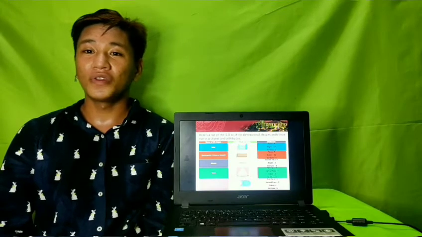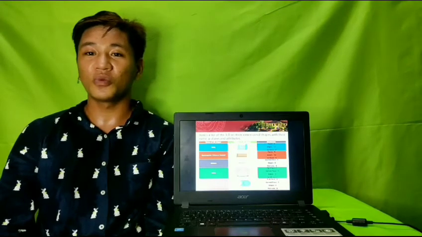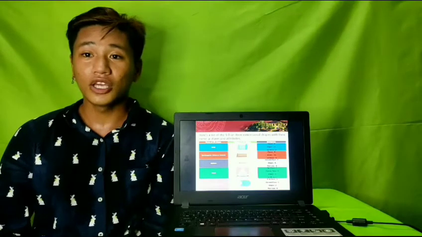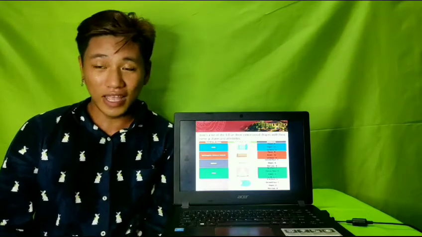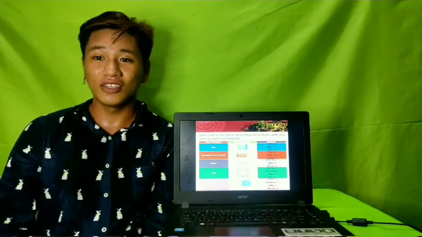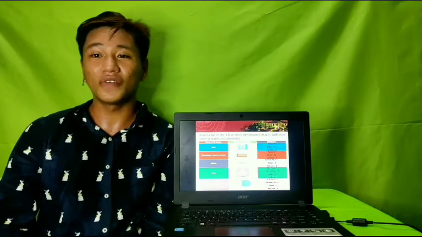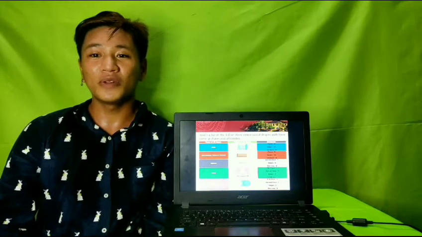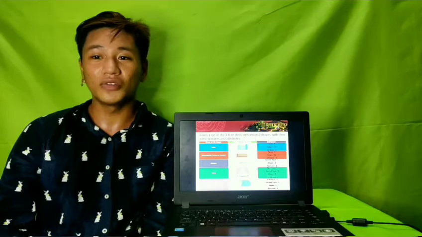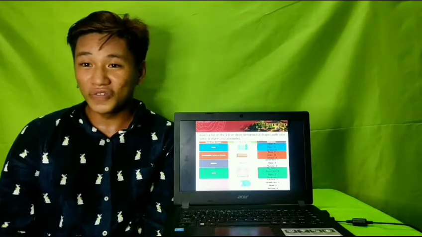Here's a list of 3D or three-dimensional shapes with their names, pictures, and attributes. A cube: the faces are 6, the edges are 12, and the vertices are 8. A rectangular prism: the faces are 6, edges are 12, and the vertices are 8.